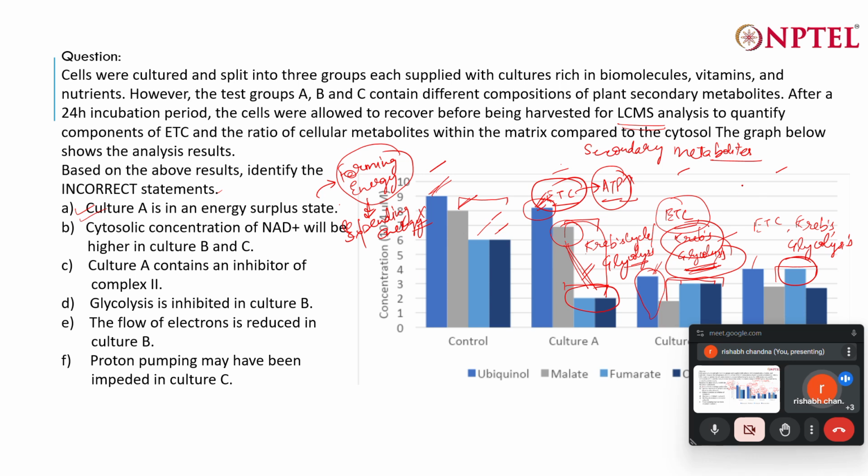So in that case, NADH formation is actually low. Okay, so in that case, NAD plus concentration will be higher. So yes, this is also the correct answer.